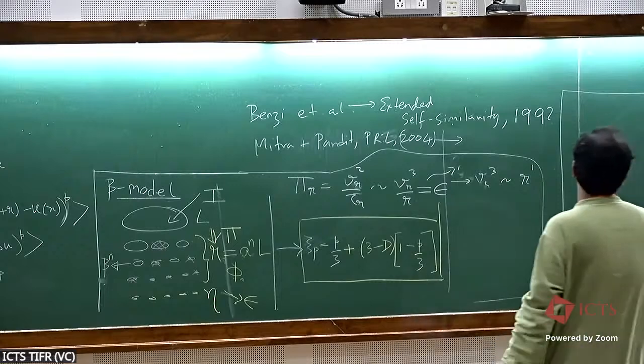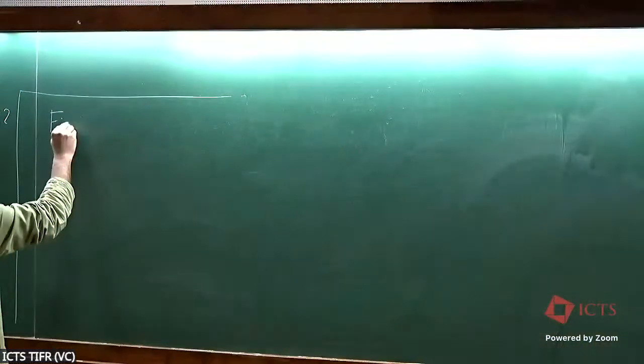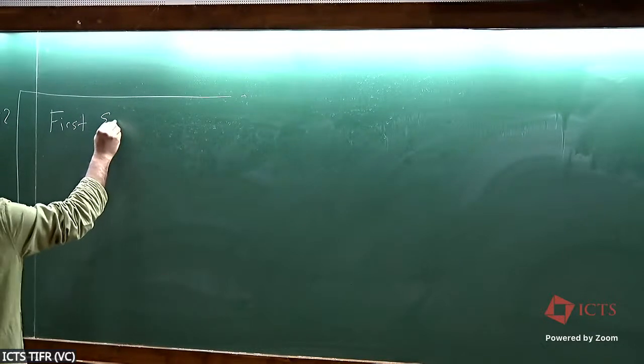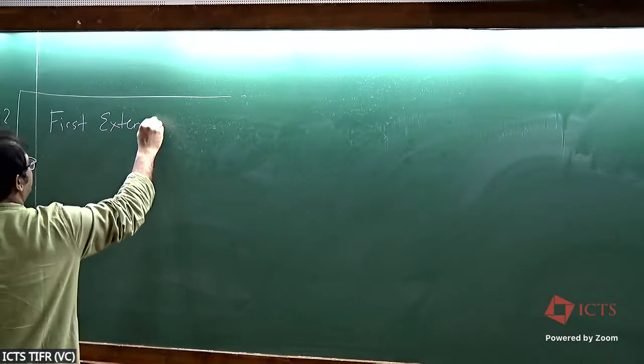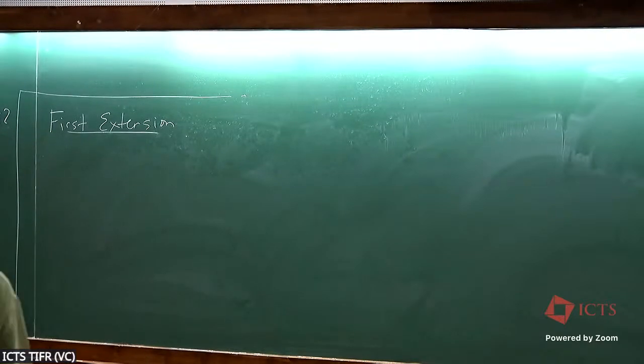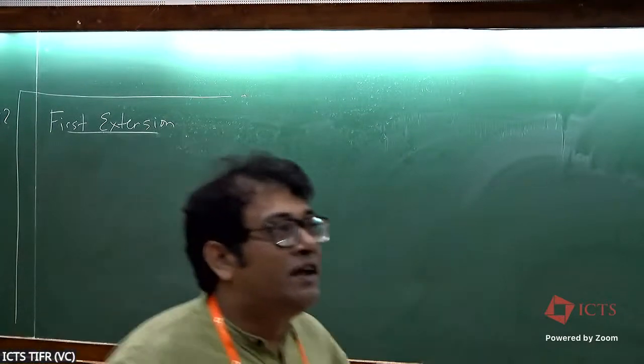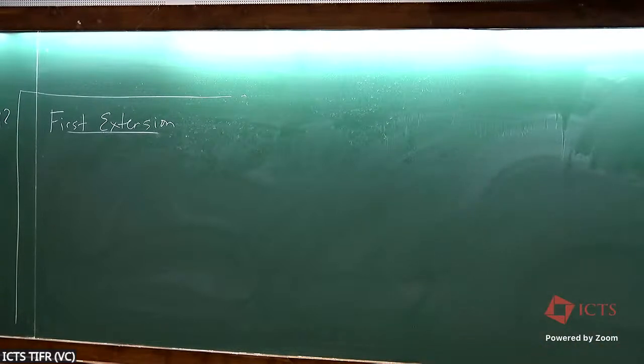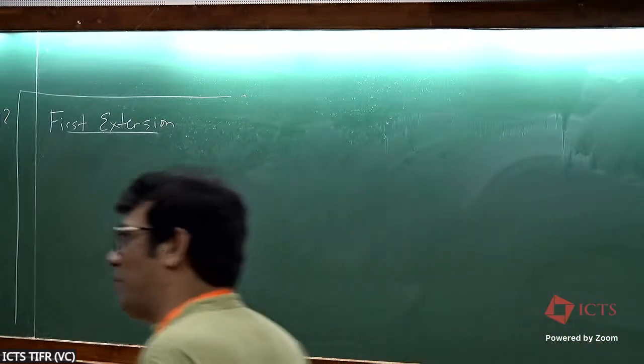So the first extension that we can think of logically is what some of you suggested. What happens if I take two values of d? There is nothing which tells me that the cascade is a single one. I'm simplifying the picture a little bit, but in terms of measure theory, you should think about it more cleverly.